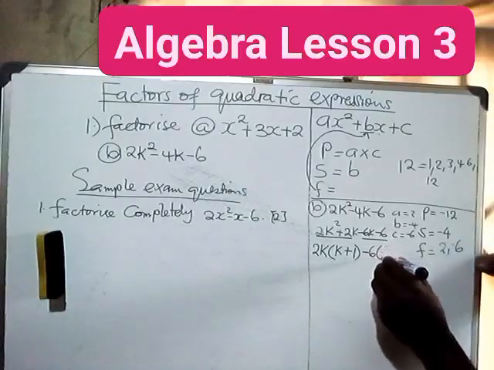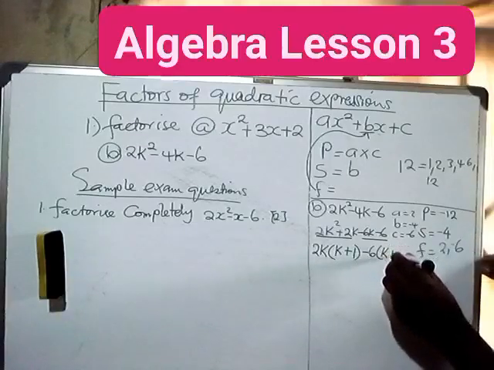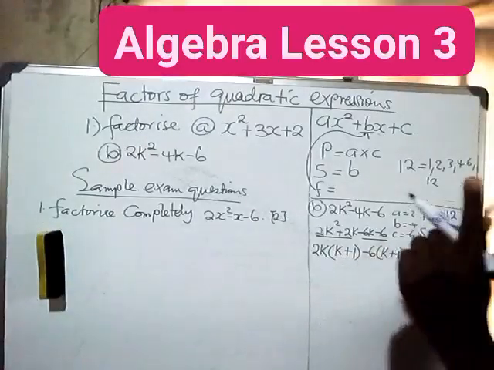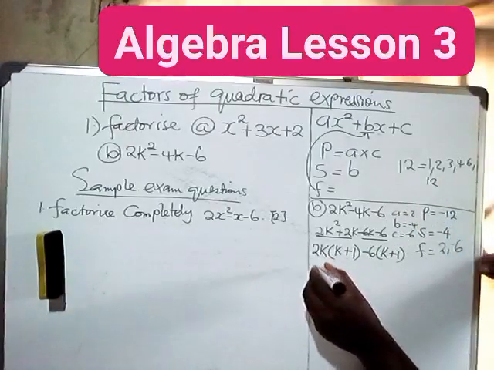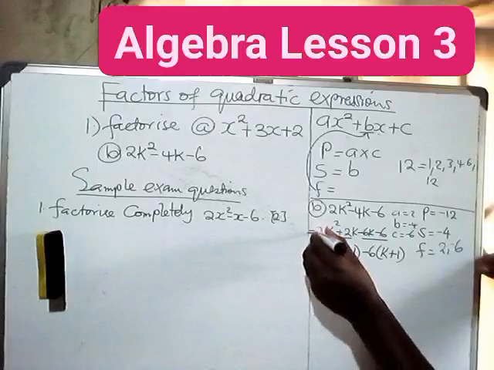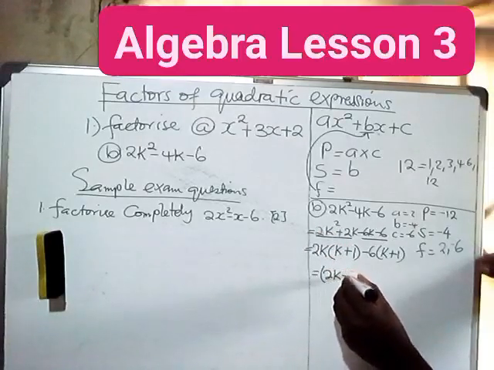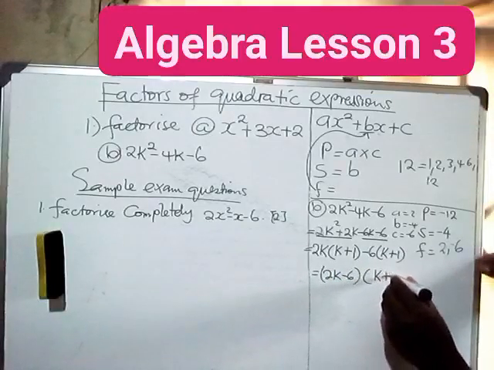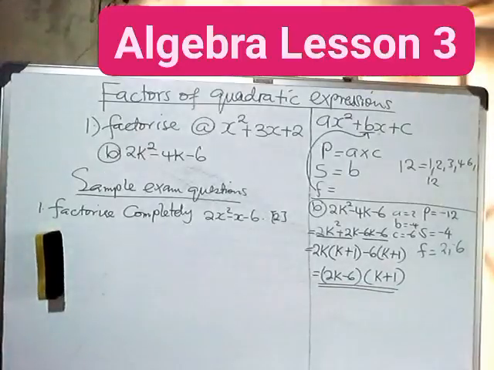It is negative 6, then we remain with x plus 1. Now in the bracket we have the same, so we keep one and factorize these two. Our next step will be open bracket 2x minus 6, then open bracket x plus 1. So this marks the end of question number B.